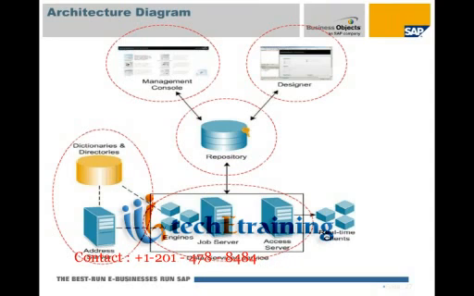These are the components that you have in the Data Services architecture, and we will be looking into each of these individually and trying to understand what exactly each one does, how we can access these, and how we can make changes and all that. So we'll be concentrating on the designer.